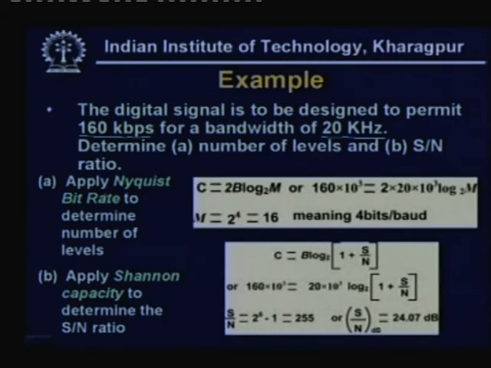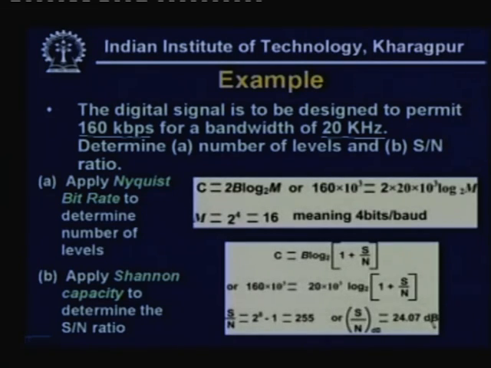So applying Nyquist bit rate to determine the number of levels, we get C is equal to 2B log2 M. So we get 16. That means 4 bits per baud. That means a single signal element has to represent 4 bits, so that the number of levels is 16. Applying Shannon capacity, we get signal to noise ratio based on this formula 24.07.